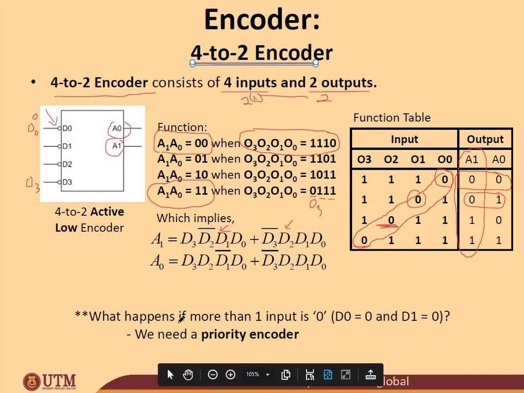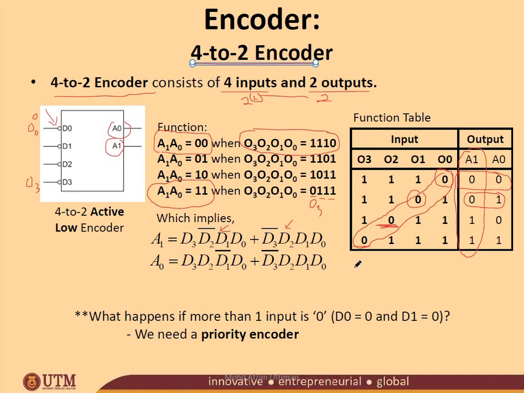So what happens if more than one input 0 is observed? What happens if we have, for example, okay, let's see first our combinational input. What happens if we have this kind of combinational inputs?